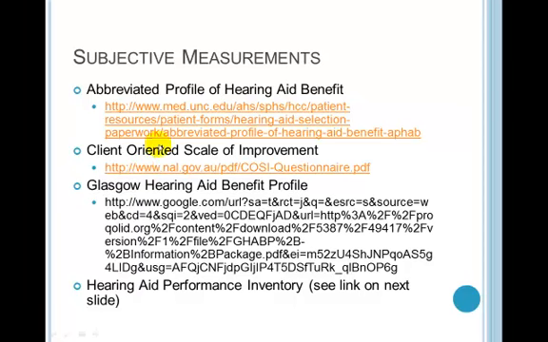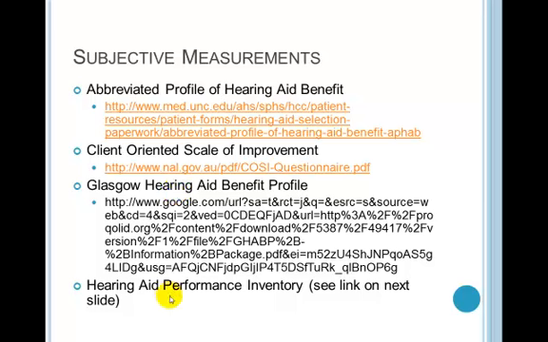The next one, the COSI, is just open-ended. It's an open-ended report form for hearing aid use, just asking about areas of difficulty. The Glasgow hearing aid benefit, let's get back to that one.